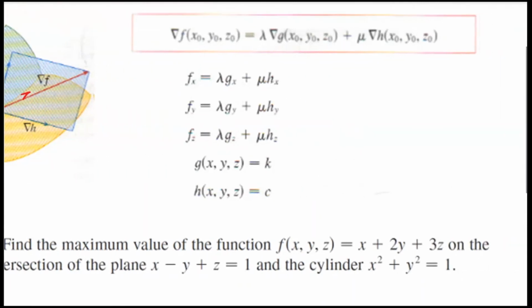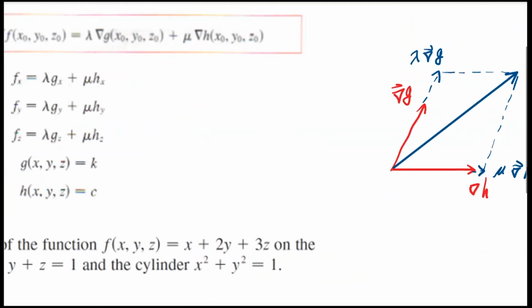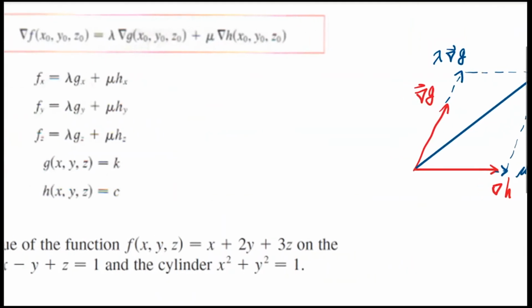Now, since gradient of F, let's just write it here. If I write this thing out, gradient of F will have partial F partial X, partial F partial Y, and partial F partial Z. This is a 3 variable function now.